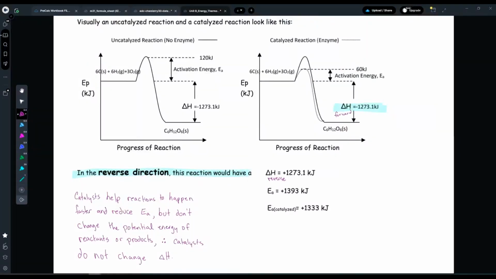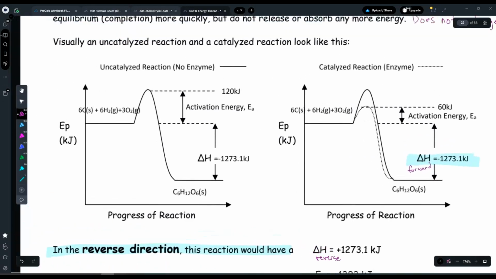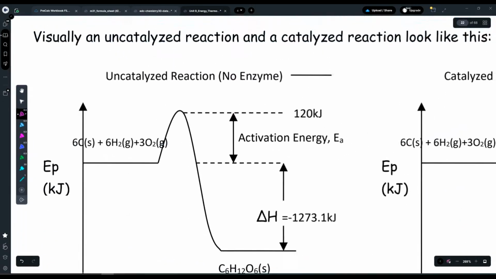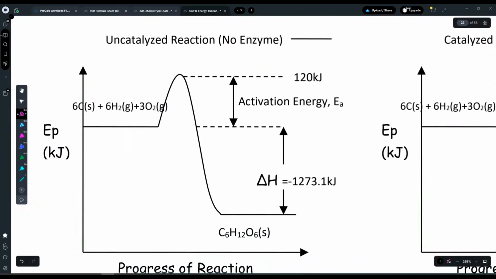Now, talking about activation energy. For the forward uncatalyzed reaction, the activation energy is 120 kilojoules. That's the difference from our reactants to the top of the hill.